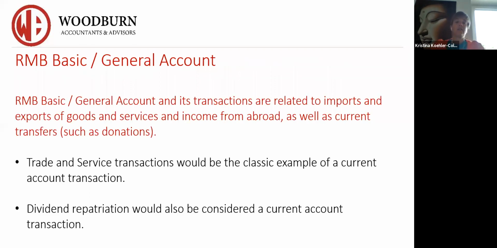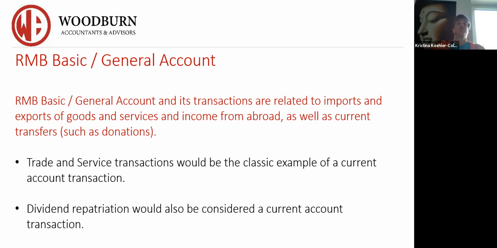Renminbi and general account are related to your basic business, right? The transactions that are going to be flowing on a day-to-day basis through your company, okay? So any form of trade services, trade transactions, any form of service transactions, dividend repatriation, this is all going to be going out through these current accounts, which is the renminbi basic and the general account.